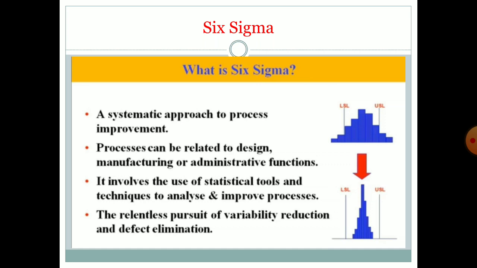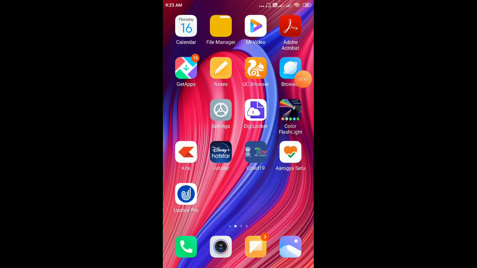At last, Six Sigma is about the reduction and elimination of defects. We have to produce products which are defect free, and each and every time we have to reduce the defects in the product. So that's all about the Six Sigma process.